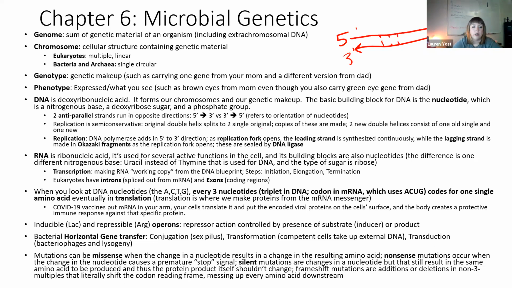So DNA nucleotides, A, T, C, G, right? Every 3 is called a triplet. The corresponding mRNA is made from the template strand of the DNA. The 3 that we were talking about in the DNA are not triplets now. They're called codons in messenger RNA. So in messenger RNA, we have our 3 nucleotides, and those are going to end up coding for amino acids.